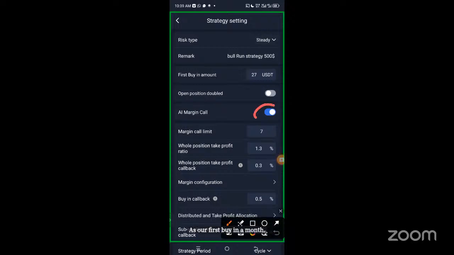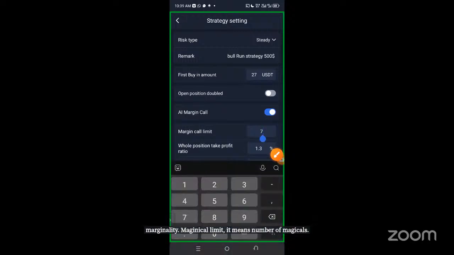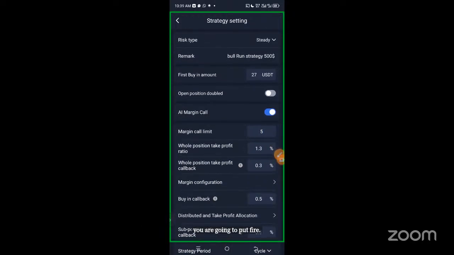Then here, AI is supposed to be on. Come to the margin call limit. Margin call limit means the number of margin calls. You will put 5.